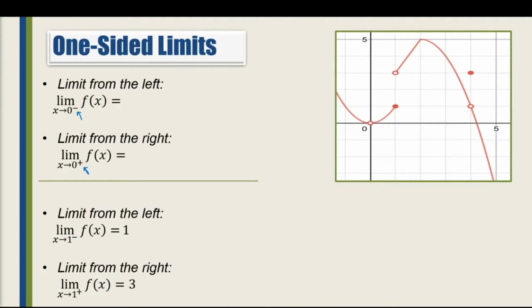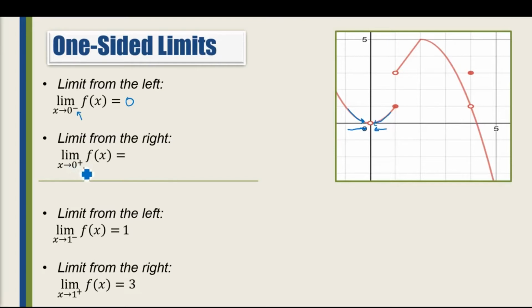Again, we're using our example at 0. As x approaches 0 from the left, the function also approaches 0. So we would say that this one-sided limit, the limit as x approaches 0 from the left of f of x, is equal to 0. And as x approaches 0 from the right, the function also approaches 0.